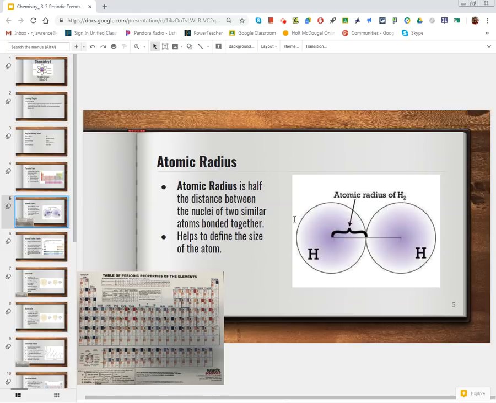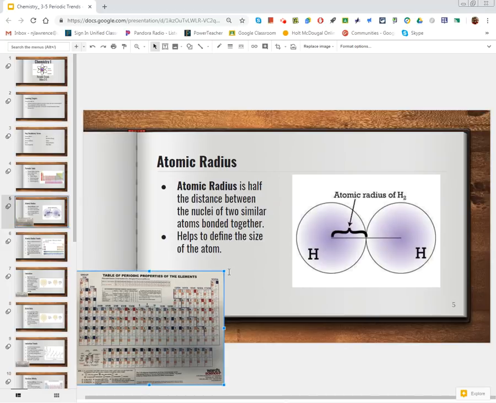So it's defined by half the distance between two nuclei of similar atoms bonded together. Again, this is just an understanding we have to help us define the size of the atom. So it can be thought of as from the center of the atom to the outer end of the energy level, or it's actually defined by half the distance between two nuclei of the same atom bonded together.